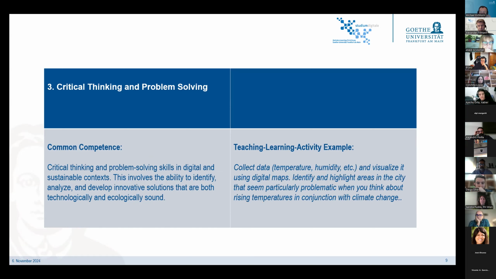Our teaching and learning example here is to collect data, for example about temperature, humidity, and so on, and visualize this data using a digital map. With this digital map, you can identify and highlight areas in the city that seem particularly problematic when you think about rising temperatures in conjunction with climate change.